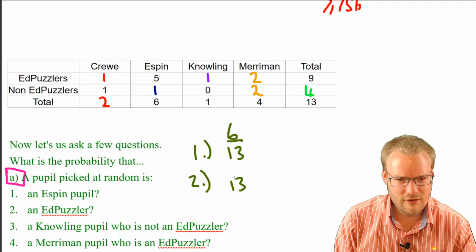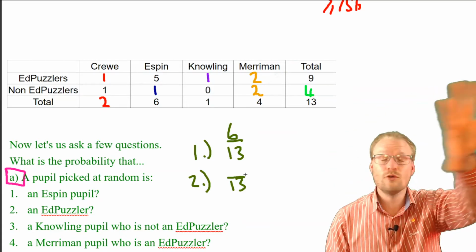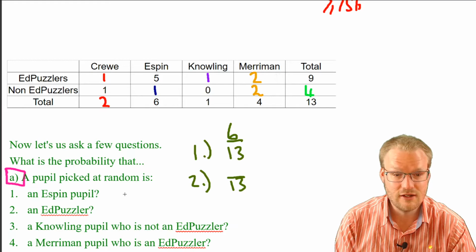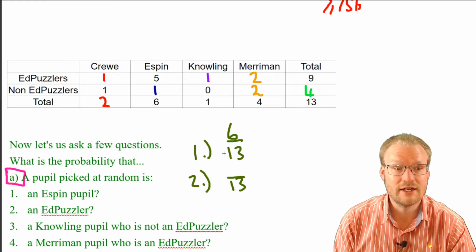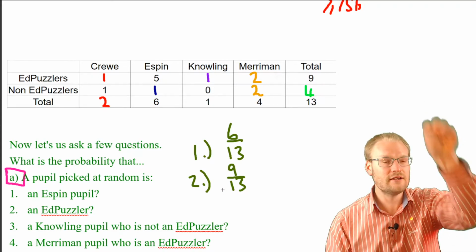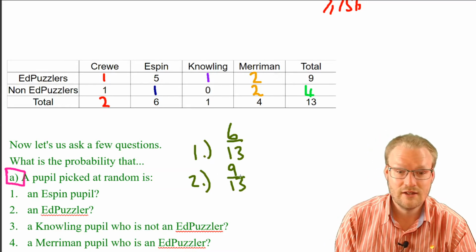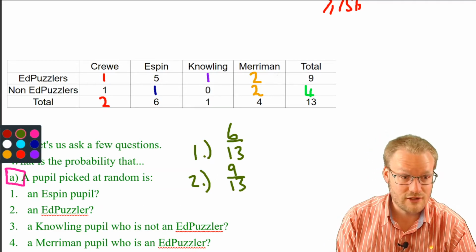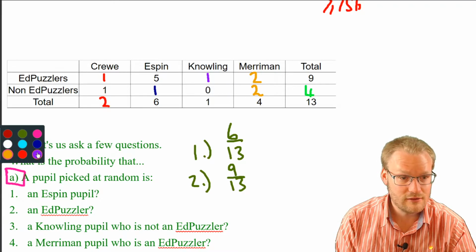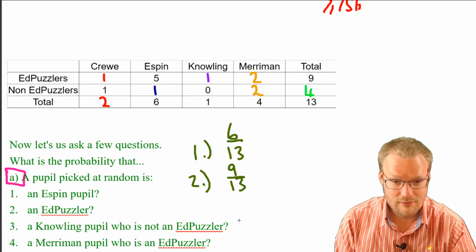Out of all 13 pupils in the class, how many are ed puzzlers? The total number of ed puzzlers is 9. So the probability that we picked an ed puzzler is 9 out of 13.